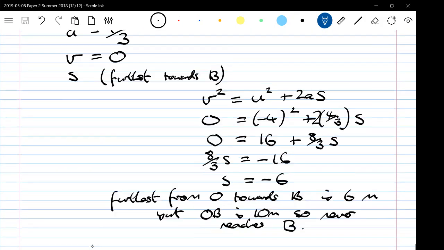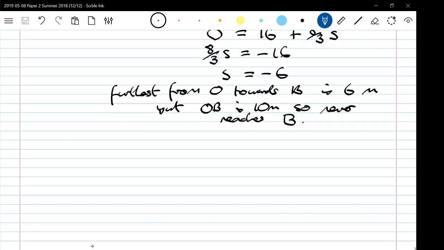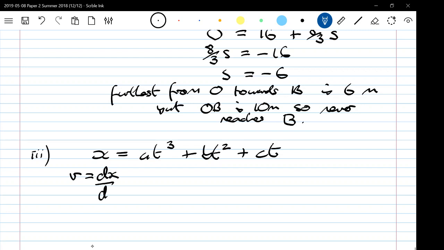So we've got x is at cubed plus bt squared plus ct. Right, this question is all about velocity and acceleration, isn't it? So that's about differentiating. So the velocity is dx by dt.